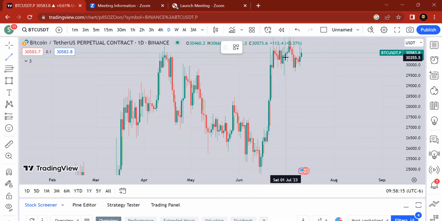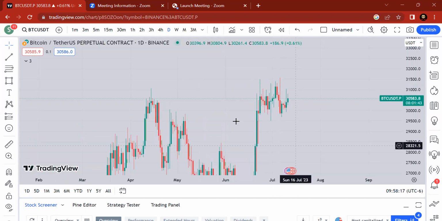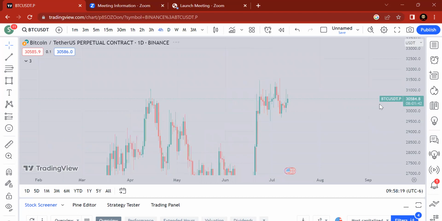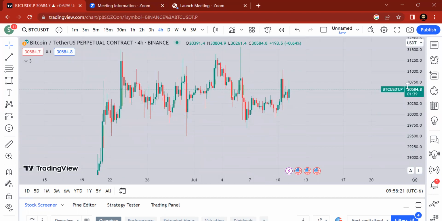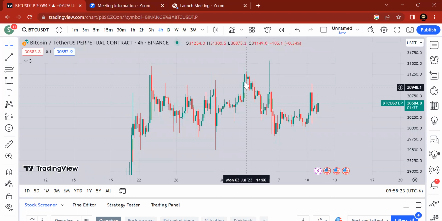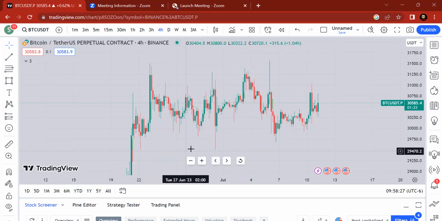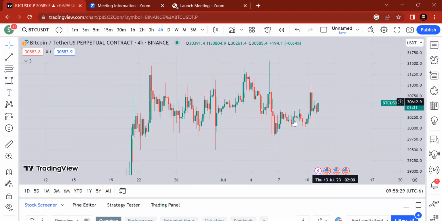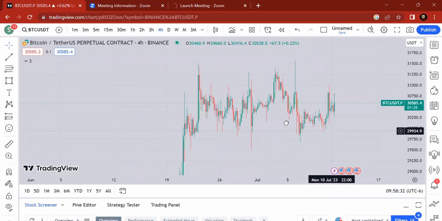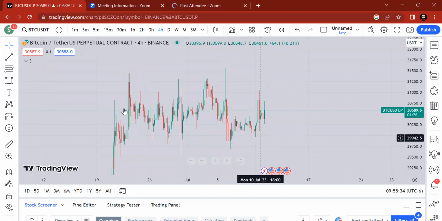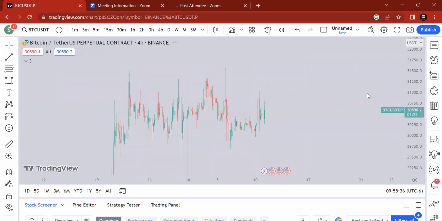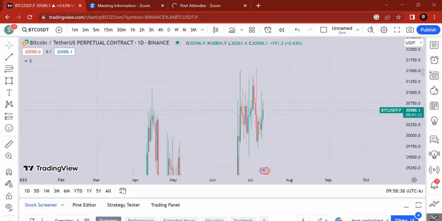I recorded my session and gave you an update about my short idea here, from somewhere here down to these equal lows, but these equal lows are still pending. So price is still compressing. Now it will expand, on either side.